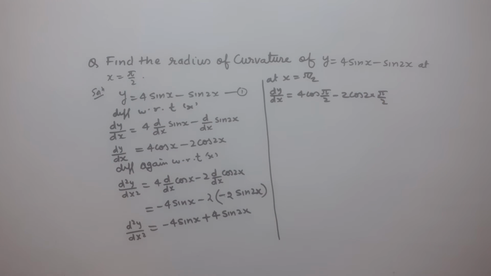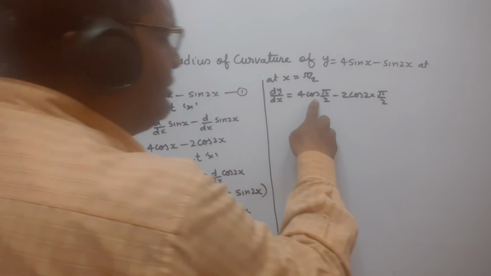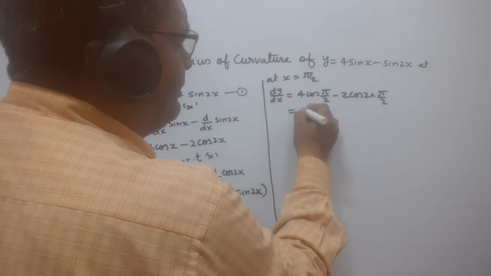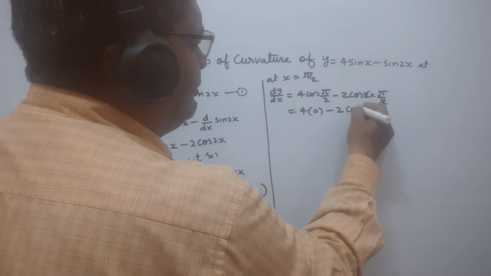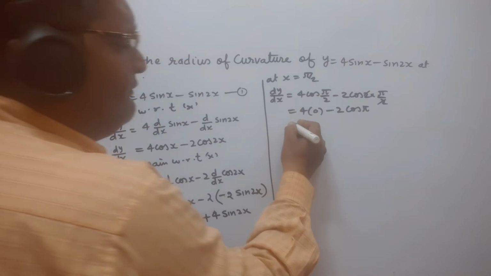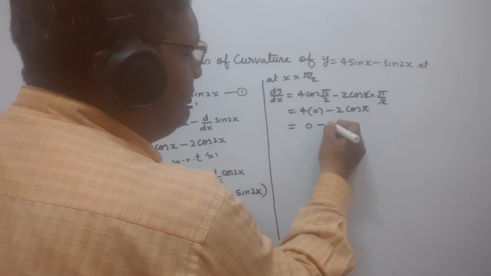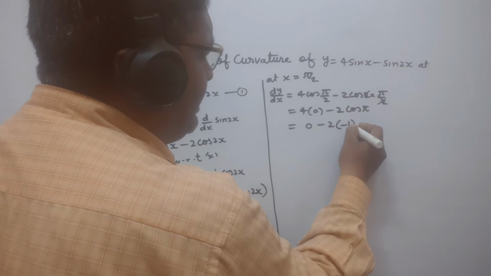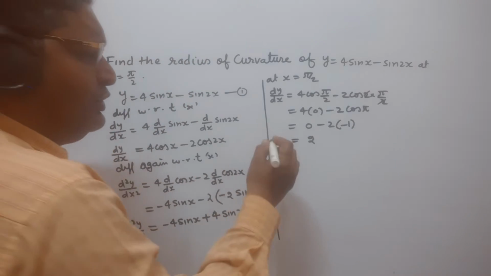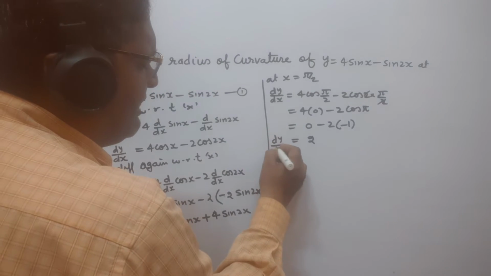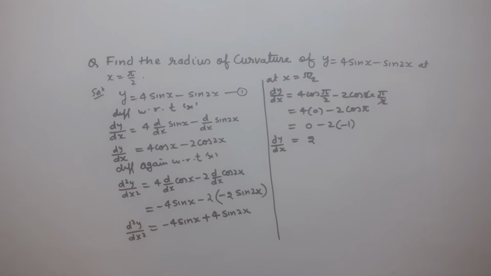Here we know that the value of cos pi by 2 is 0, so 4 multiplied by 0 minus 2, and the 2 is cancelled out, so this is cos pi, and cos pi is minus 1, so minus minus multiplies to plus, and 2 into 1 is 2, so this is dy by dx at x equal to pi by 2.